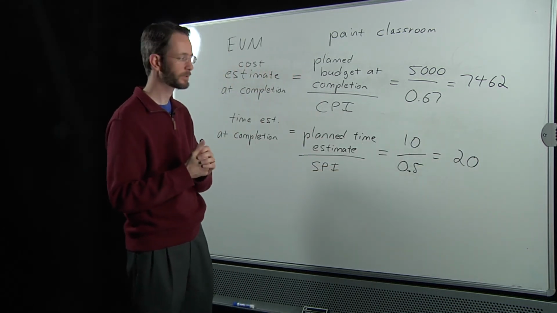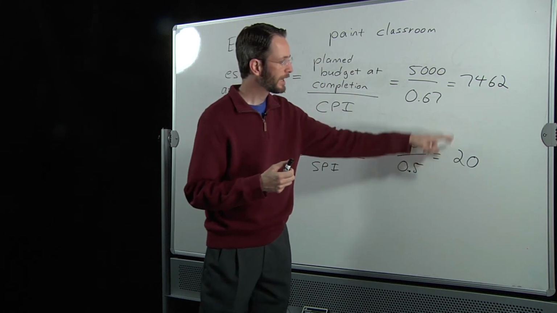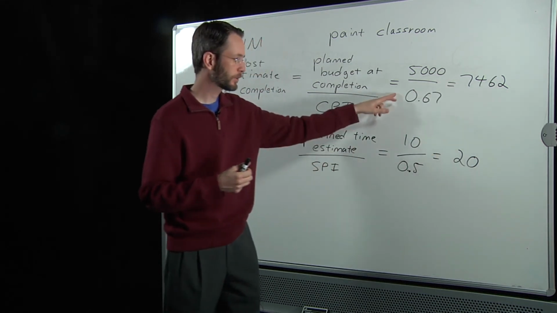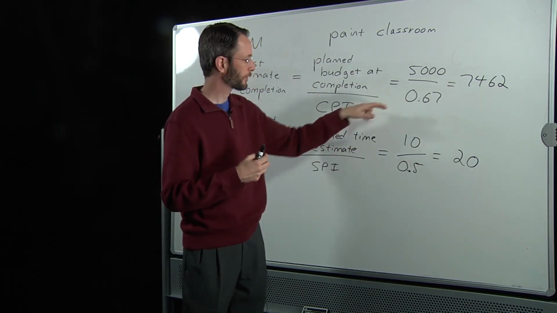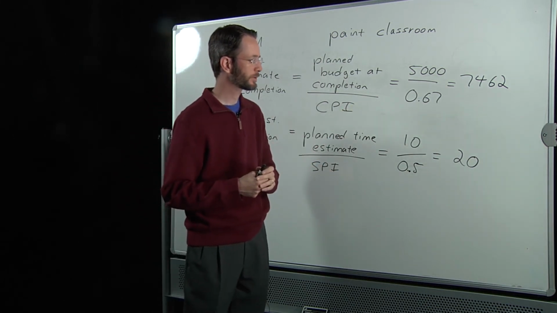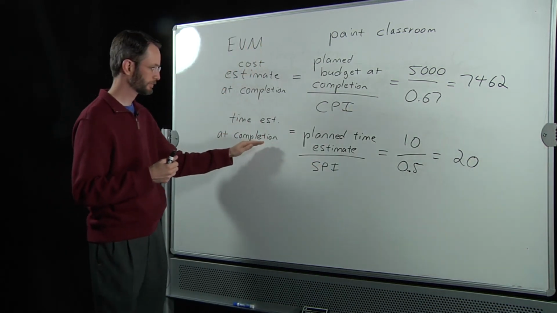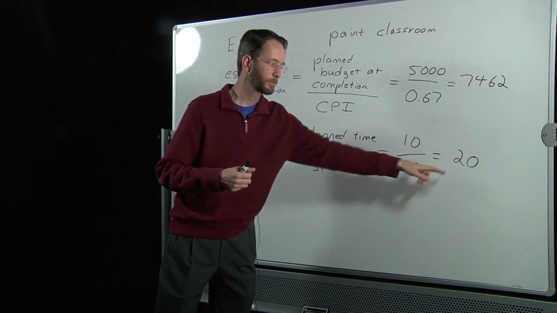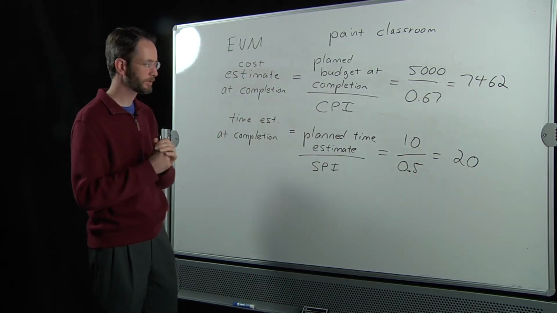to complete the project. So again, these are bad numbers for this project, but they correlate, as we expect, with our index numbers here. So it gives us an estimate of how long it will actually take us to complete the entire project at this current rate.